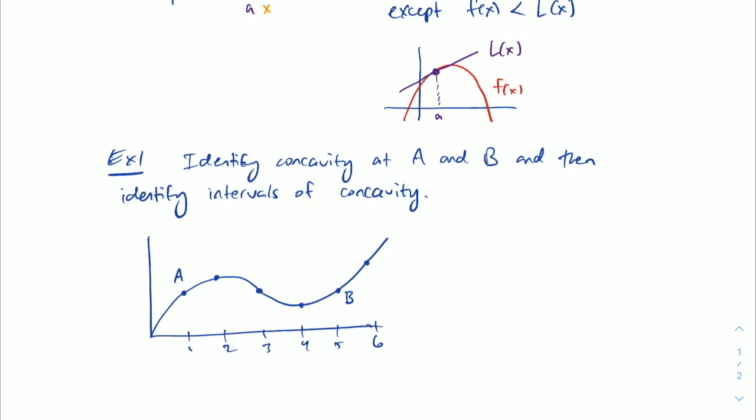Okay, so the question is, is the function below or above its tangent line? So at A, f of x is below its tangent line. So it's concave down here. At B, the function's above its tangent line.